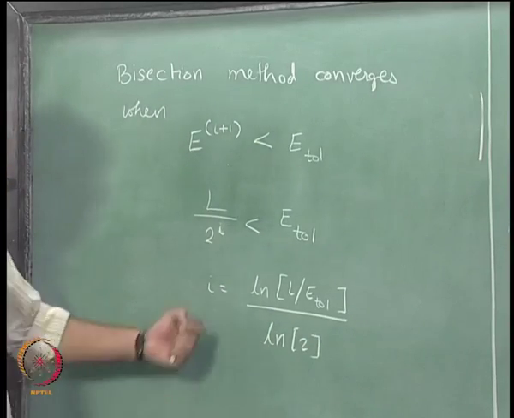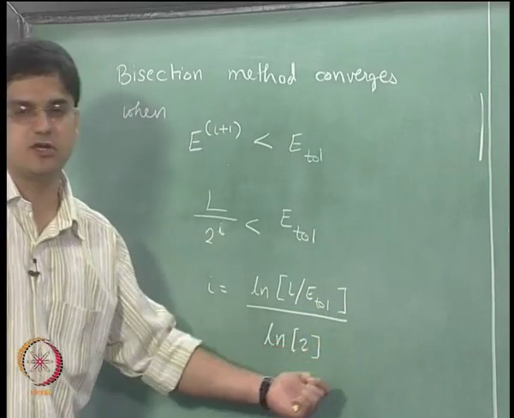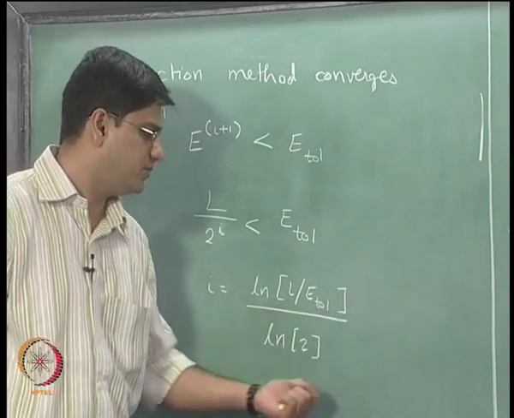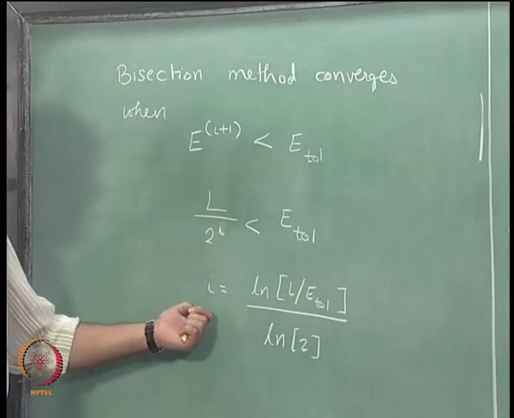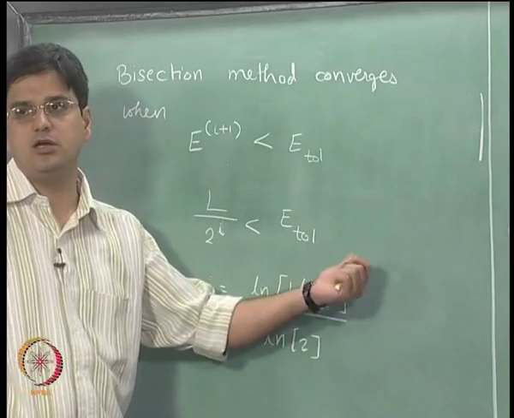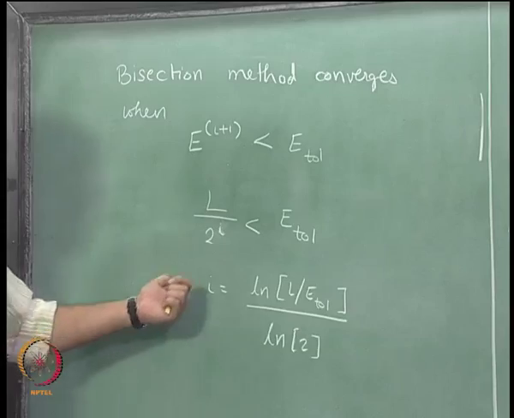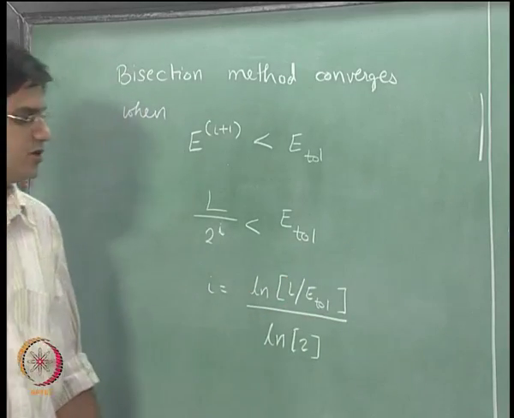So i has to be at least equal to this particular number or greater than this. This of course is a fraction. So, for example, if we get this number as 10.5, the minimum number of iterations of the bisection method we will require is 11, and we can predetermine how many iterations we are going to require in order to solve this particular problem.